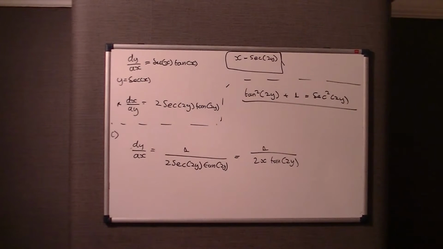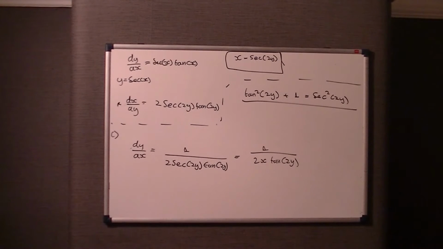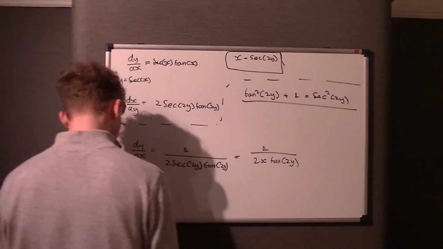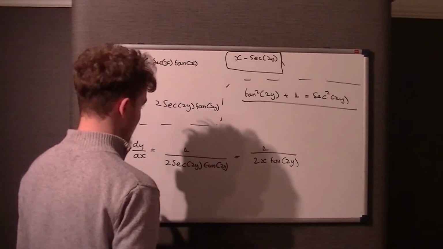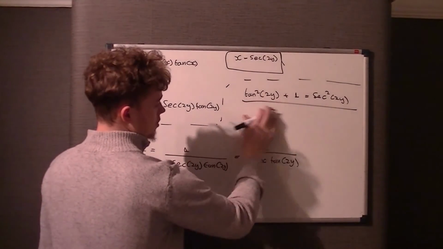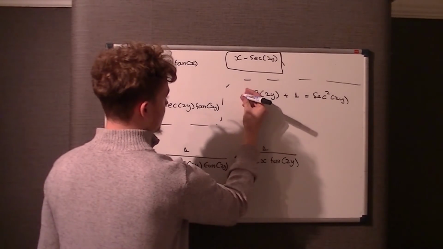So, as I said, what we want is an equation for tan 2y in terms of sec 2y, because we know sec 2y equals x, and that will allow us to sub it into this equation and give it just in terms of x as it requires. Okay, so obviously this is all in squared terms. The first thing that I'm going to do, I've kind of jumped ahead of myself, is make this in terms of just tan.